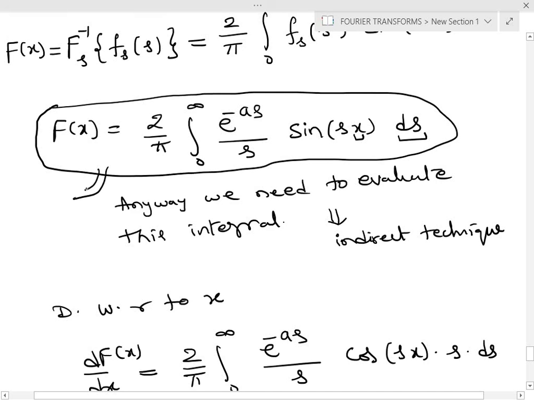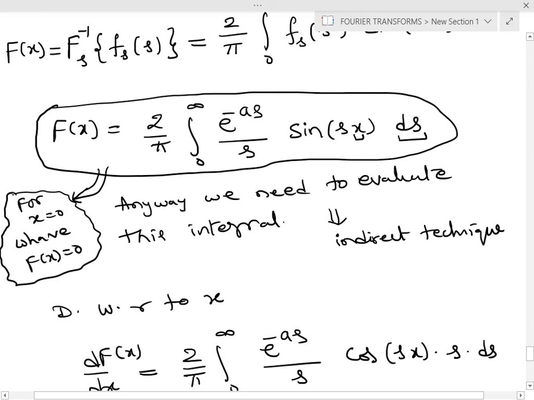When I put x is equal to 0, sin 0 will be 0, f of x will become 0. So for x is equal to 0, we have f of x is equal to 0.